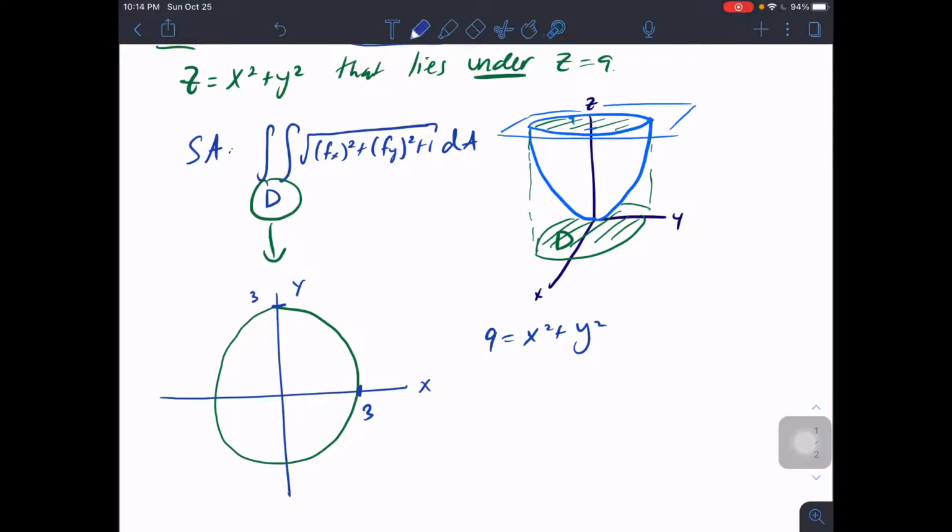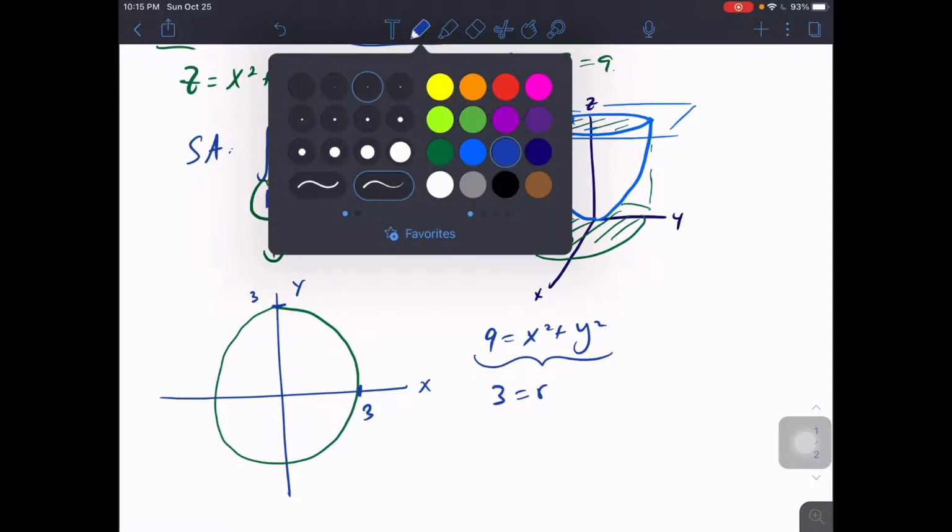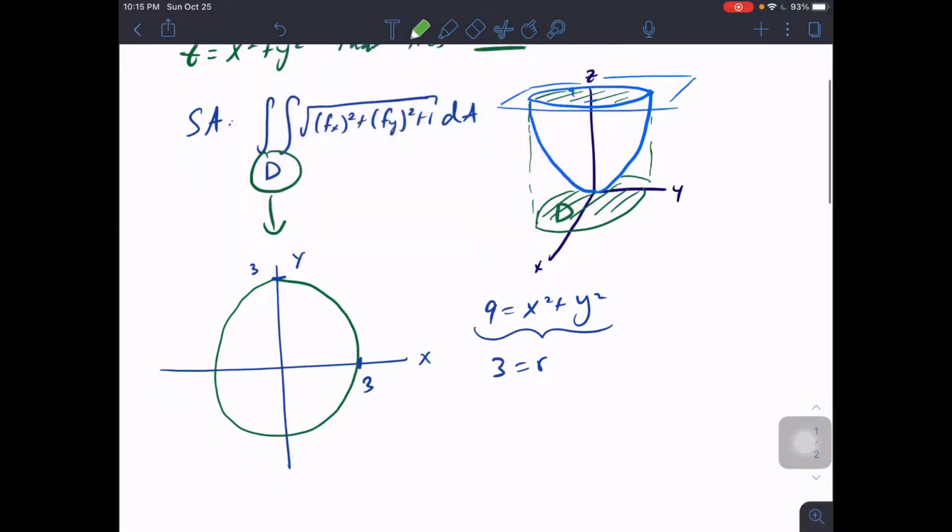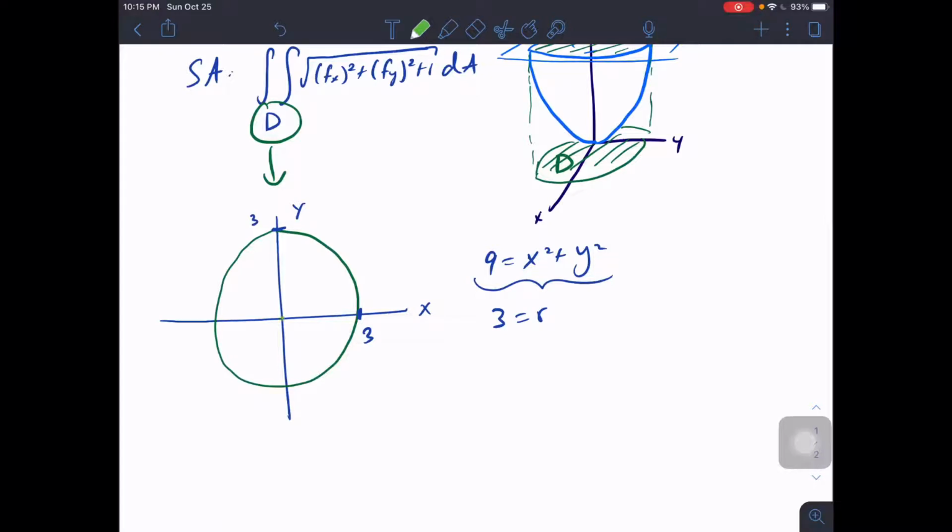Because notice, if we convert this to polar, this is just 3 equaling r, okay? So it's just r equals 3. And if we do that, that tells me that when I'm considering polar coordinates, I start from the origin, and no matter which angle I'm at, the smallest r can be is 0.